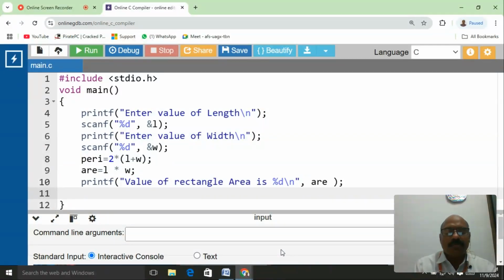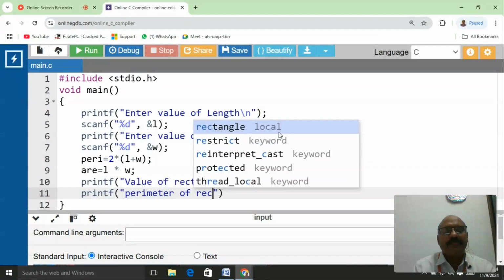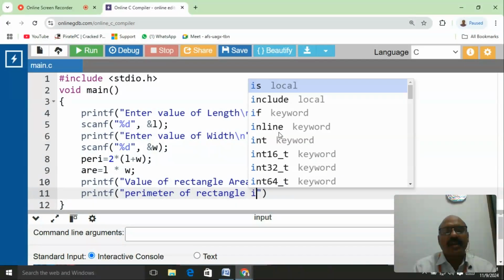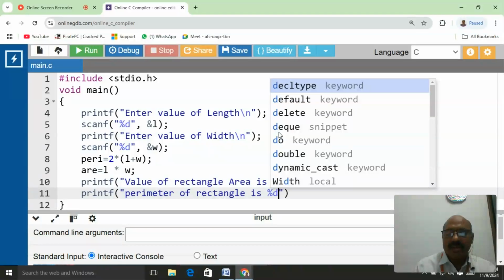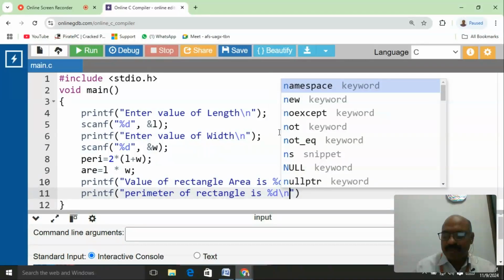language. Next, I'm going to print the perimeter, printf, perimeter of rectangle is percentage d backslash n, comma.